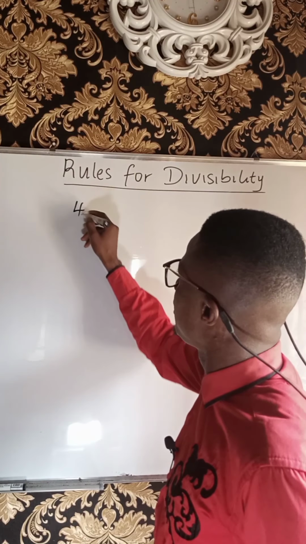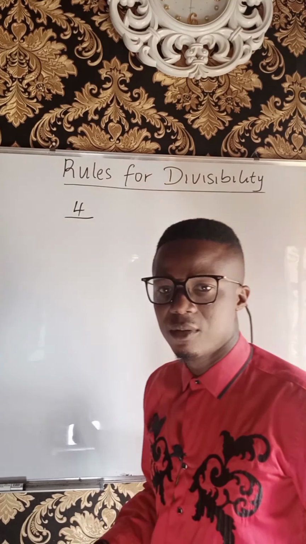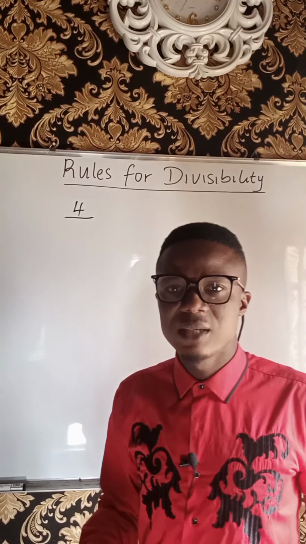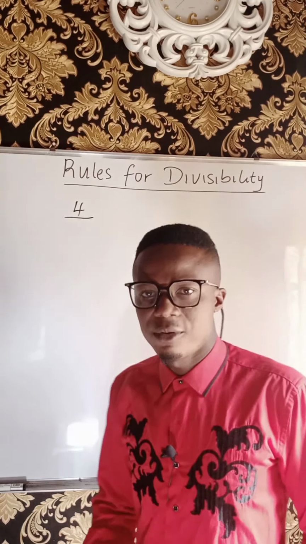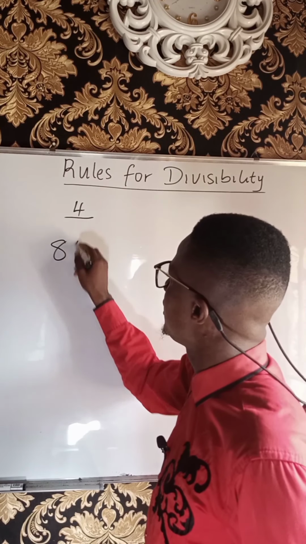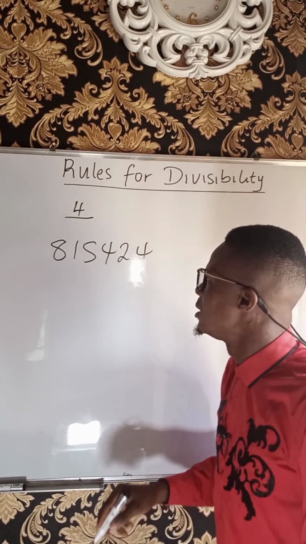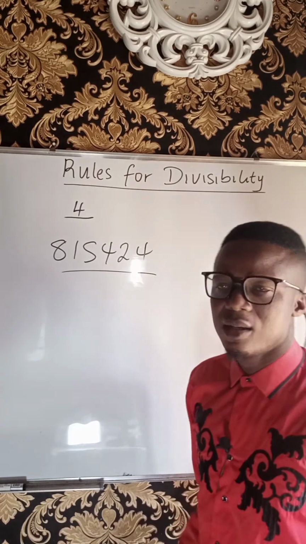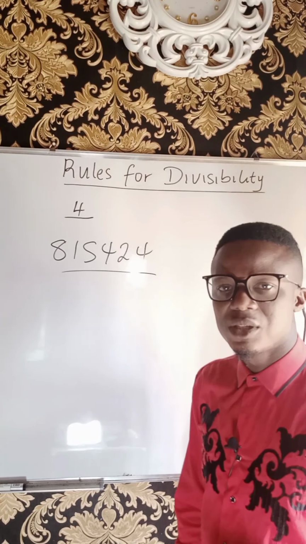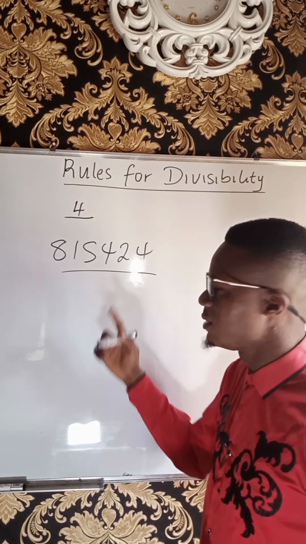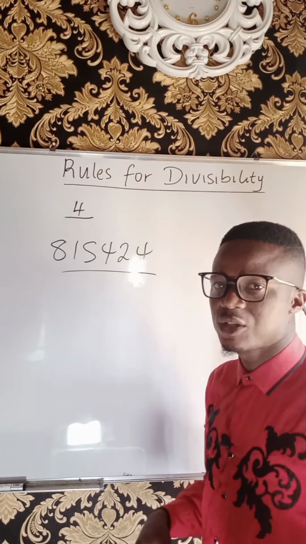How do you know if a number is divisible by 4? A number is divisible by 4 if the last two digits are divisible by 4. For example, if you have 815,424, this is a very large number, and trying to divide by 4 to see if there is a remainder or not, in order to ascertain if the number is divisible by 4, is a waste of time.